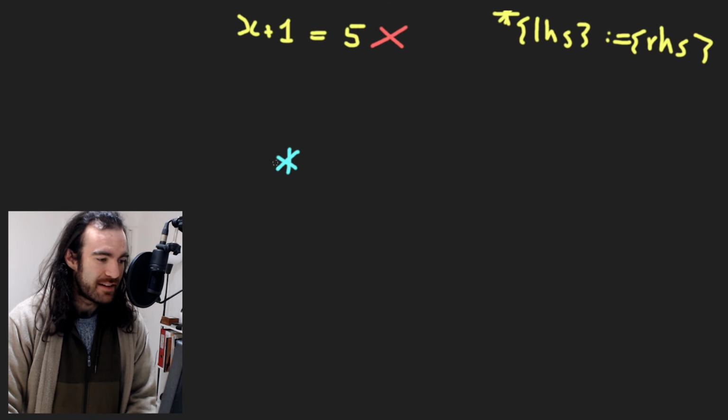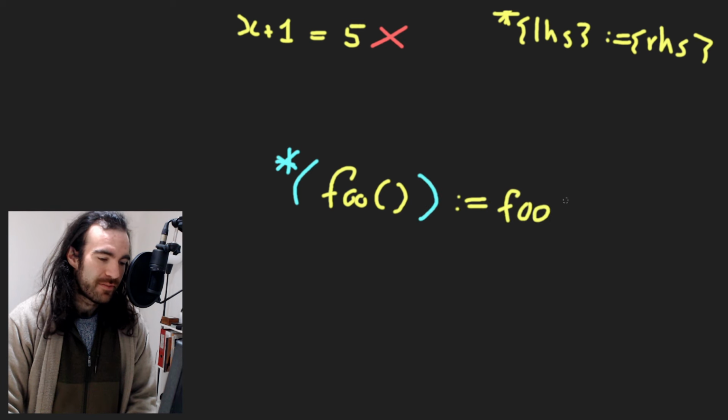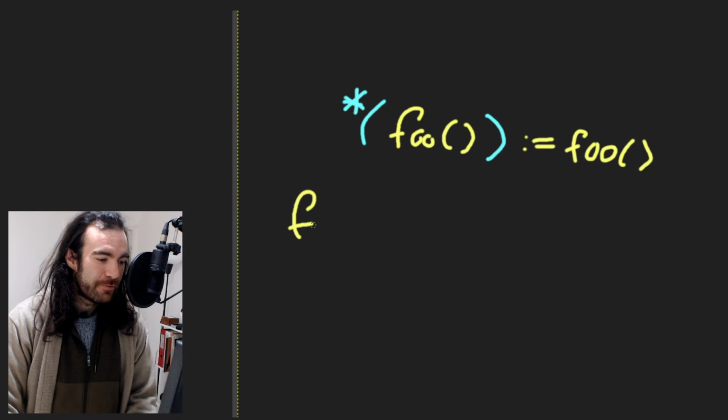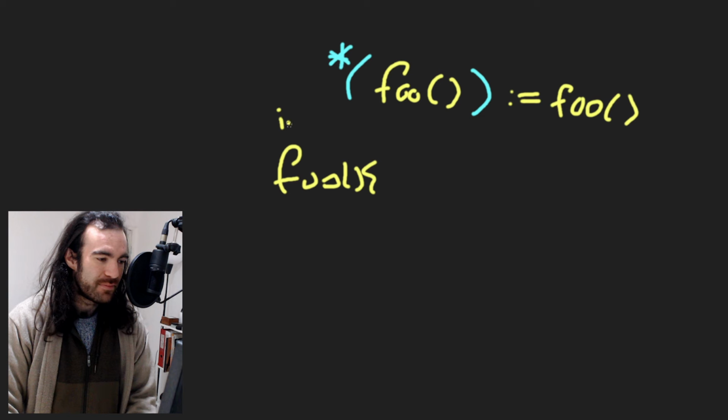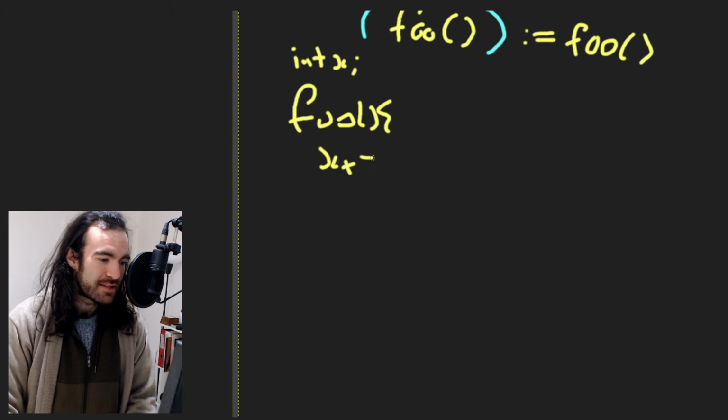Let's say we have our star, and then foo equals foo, where foo is a function with some global x, and it says x plus equals 1, return x.